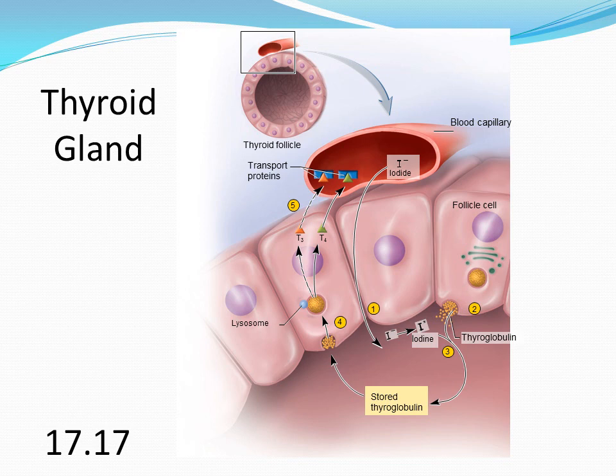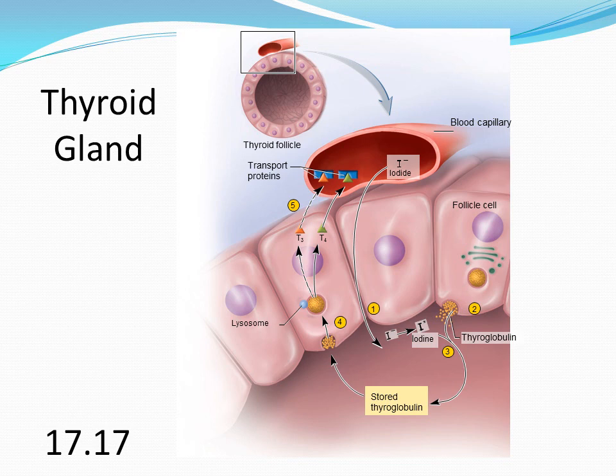And in order to have the T3 and T4 created, you need iodine, which is transported in blood as iodide. Then it's transported across the follicle cells in stage 1 there into the thyroglobulin. Once in the colloid, the thyroglobulin and the iodine are combined. We're going to look at that in a moment.